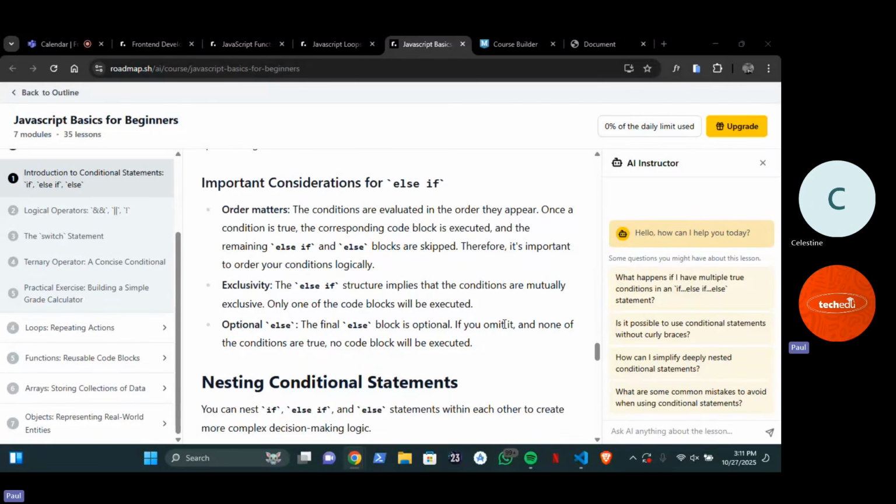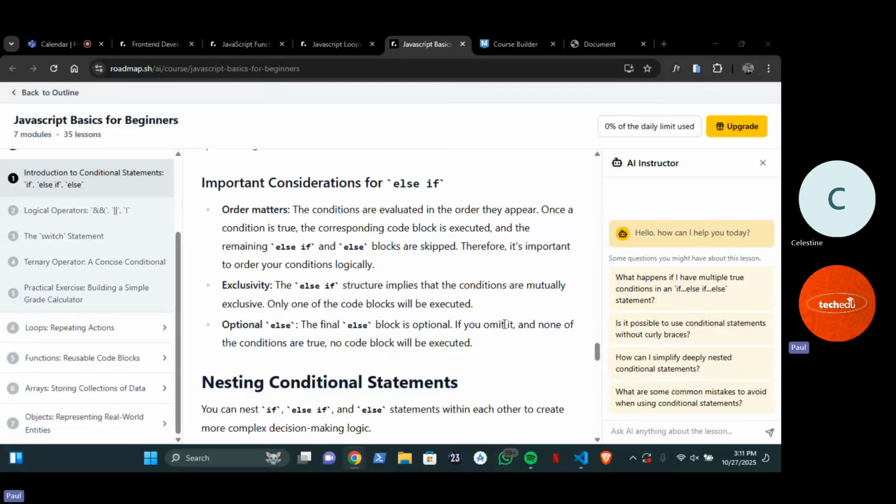Your if is, if A is greater than 25, print out true. Else, if A is not greater than that, print out false.